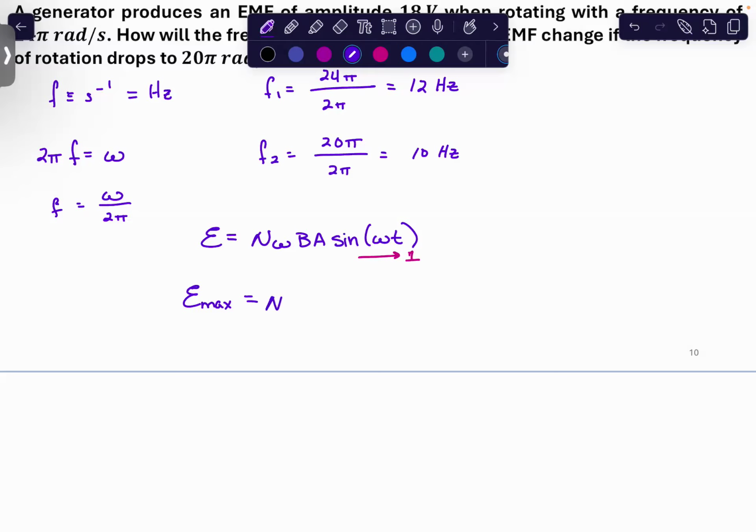So you end up with N omega. It's not 0, it's 1. Your amplitude is going to be your maximum value. So sine has to equal 1. Remember, your sine and cosine functions oscillate between +1 and -1. Your maximum value occurs at 1.